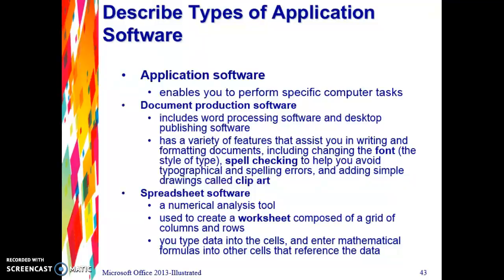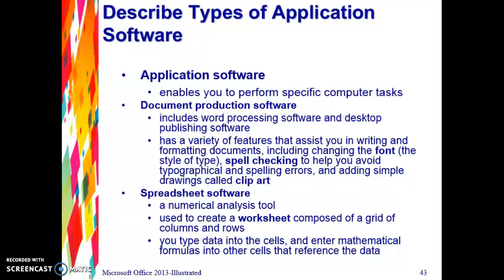Now on to this week's material. This is the last week. In this particular week, we're going to be looking at the different types of application software. Now last week we looked at operating software, and this week we're looking at application software. And if you remember last week, I talked a little bit about the difference between the two, how you need the operating software to tell the application software kind of what to do.